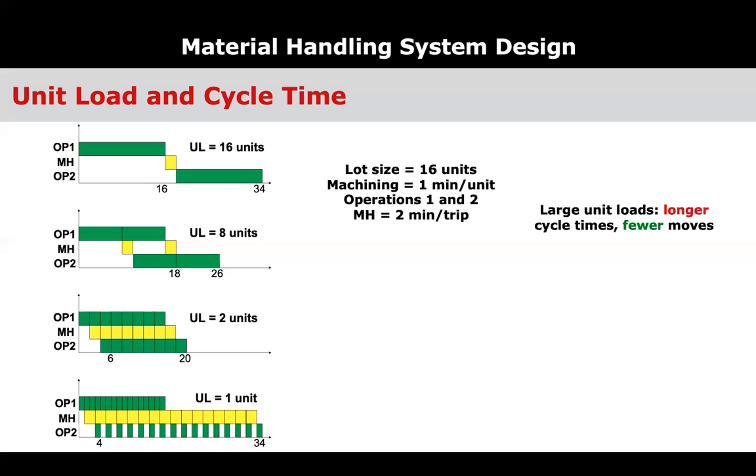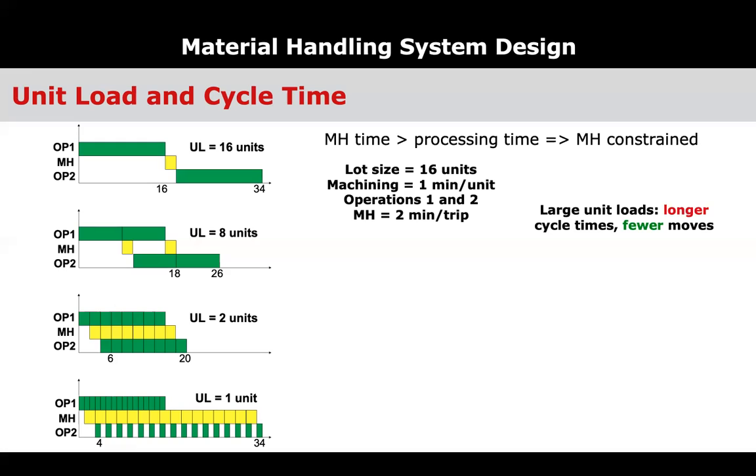So large unit loads equal longer cycle times but fewer moves. If your material handling time is greater than your processing time, then material handling is a constraint. The only time we see that here is with a unit load of 1, where material handling time is greater than the processing time.